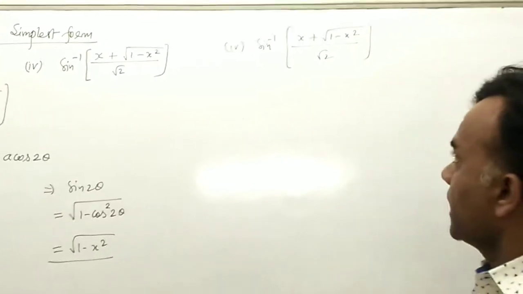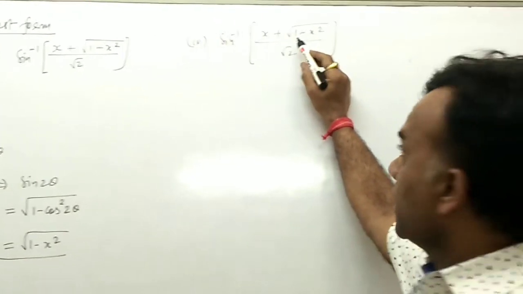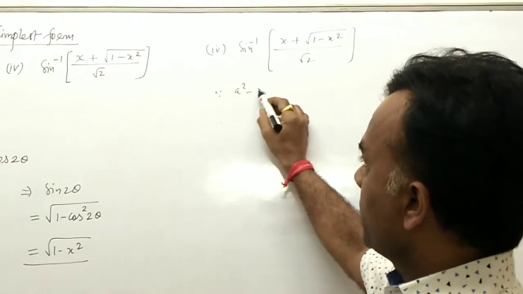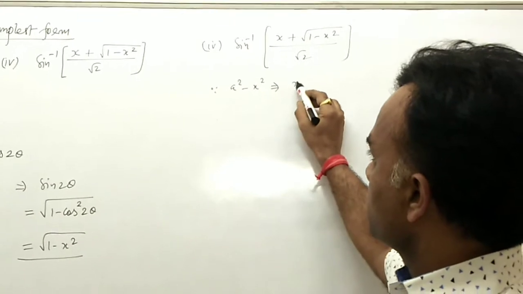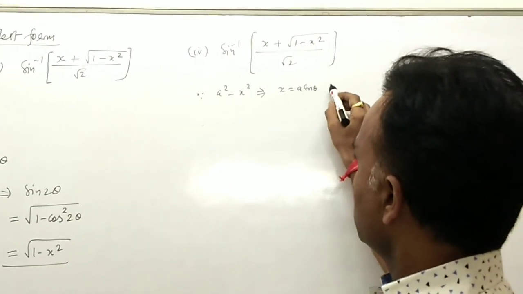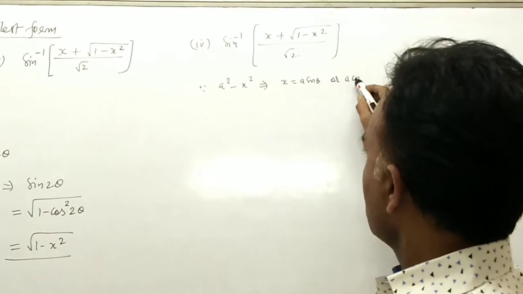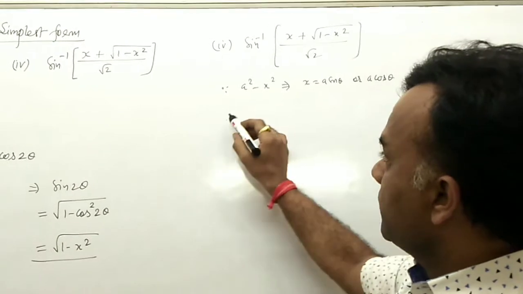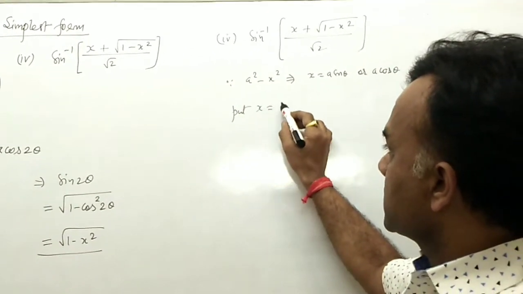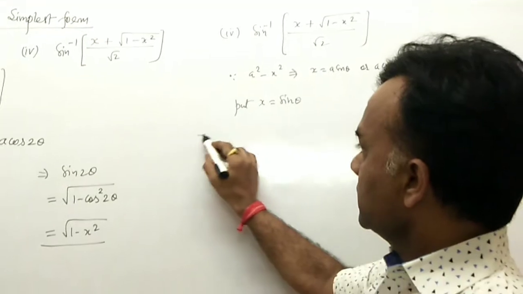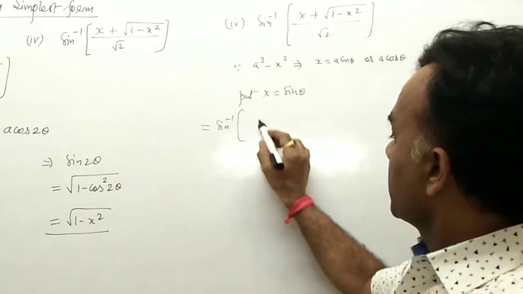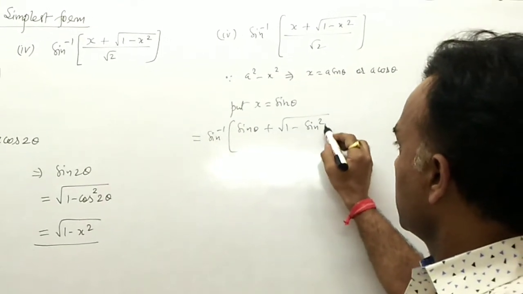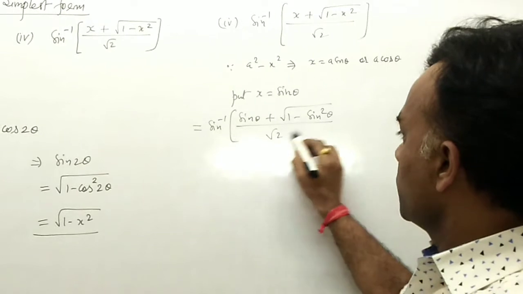Now here there is only a single term under the root, 1 minus x square. We know the trigonometrical identity: for a square minus x square, the substitution is x equal to a sin theta, or x equal to a cos theta. Here in place of a, 1 is given, so put x equal to sin theta. Then sin inverse, you put sin theta because x is given, then under root of 1 minus sin square theta, and upon root 2 is given here, so you put root 2.